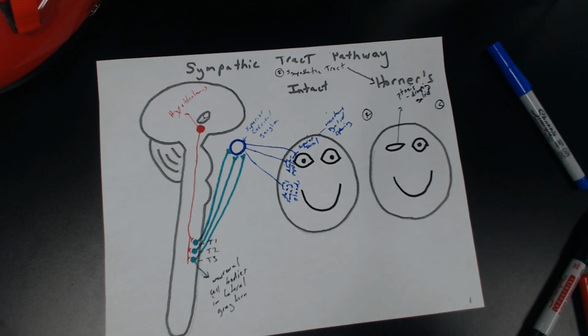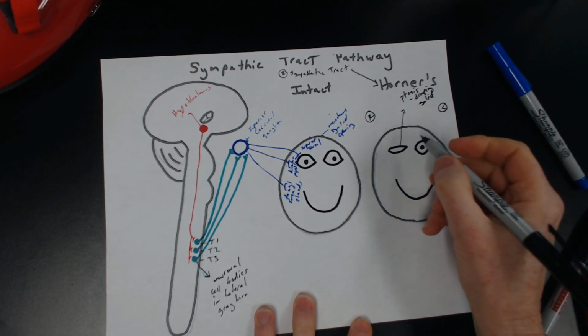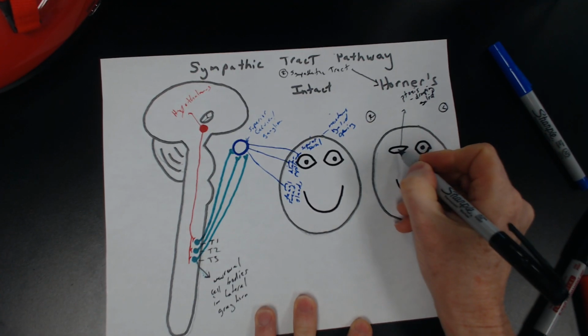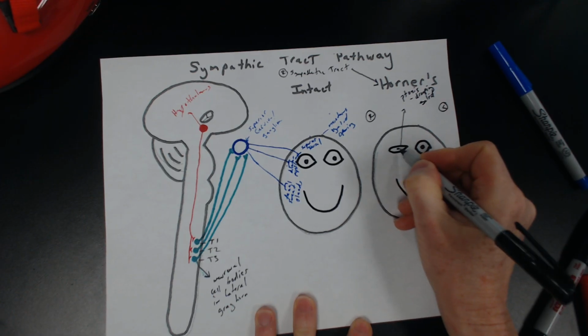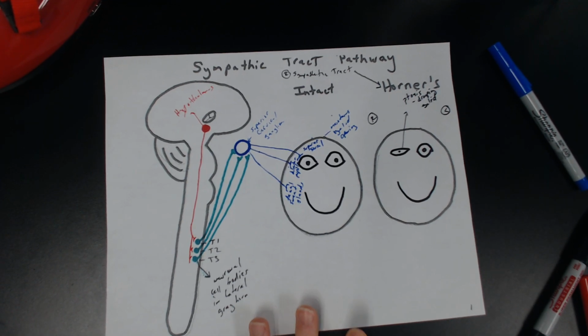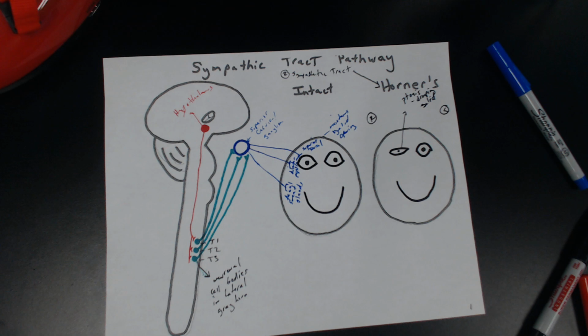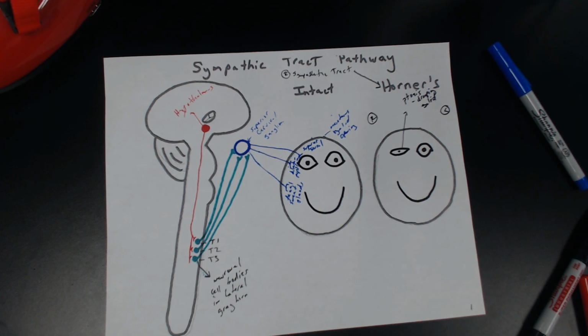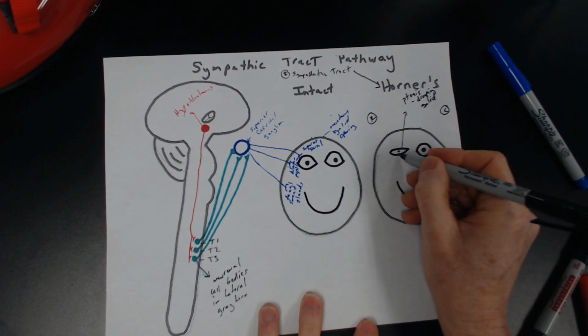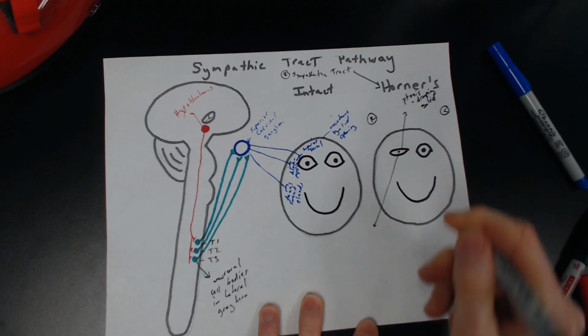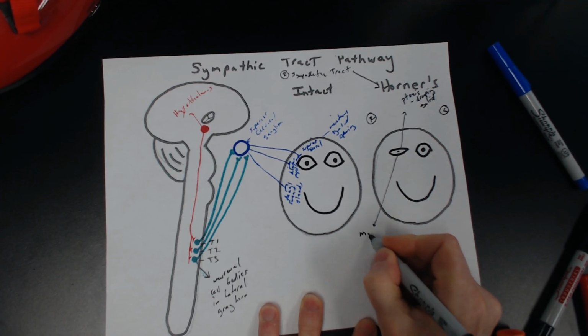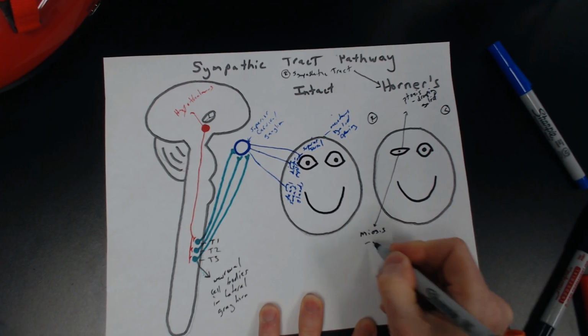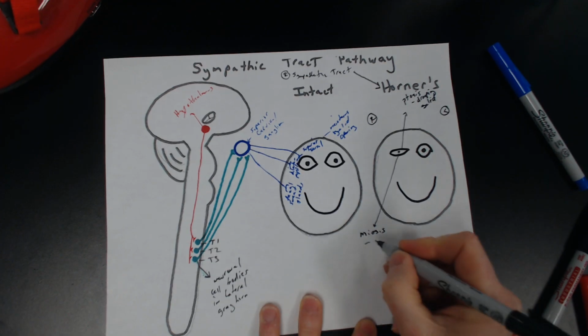Second part of Horner syndrome: that person is going to be presenting with a constricted pupil. The name for a constricted pupil is miosis, M-I-O-S-I-S, and that's pupillary constriction.